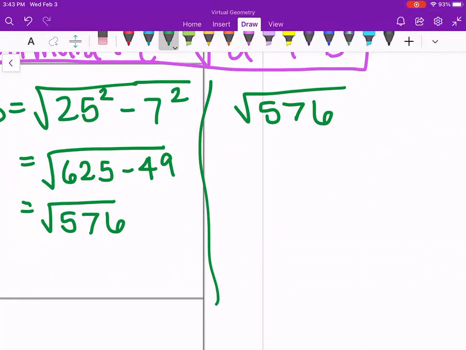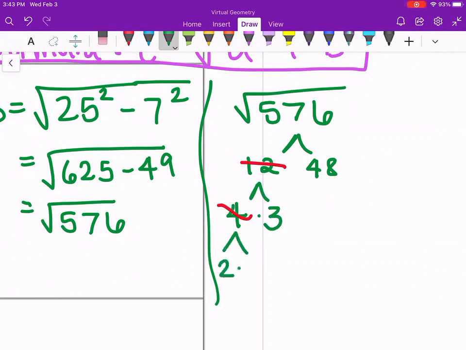All right, so one thing I know, 576 is divisible by 12. I can go through the same division I did before and see if I can get a little bit bigger number, and I can find 12 here. 12 and 48. Both of these can go farther. 12 can become a 4 and a 3. My 4 can go farther to a 2 and a 2.